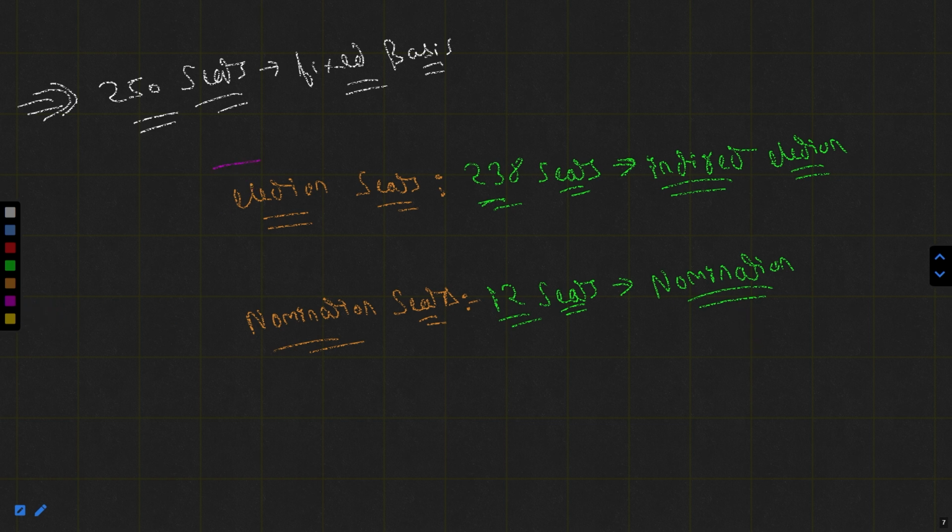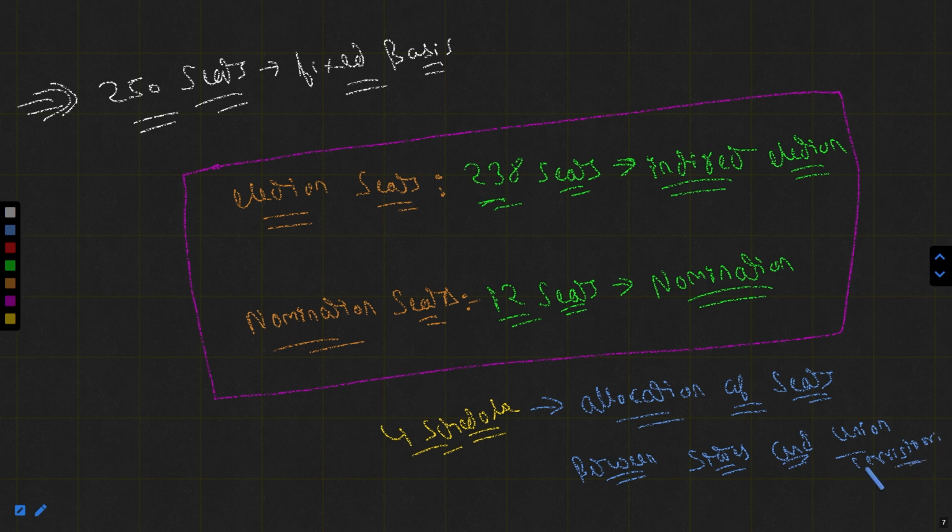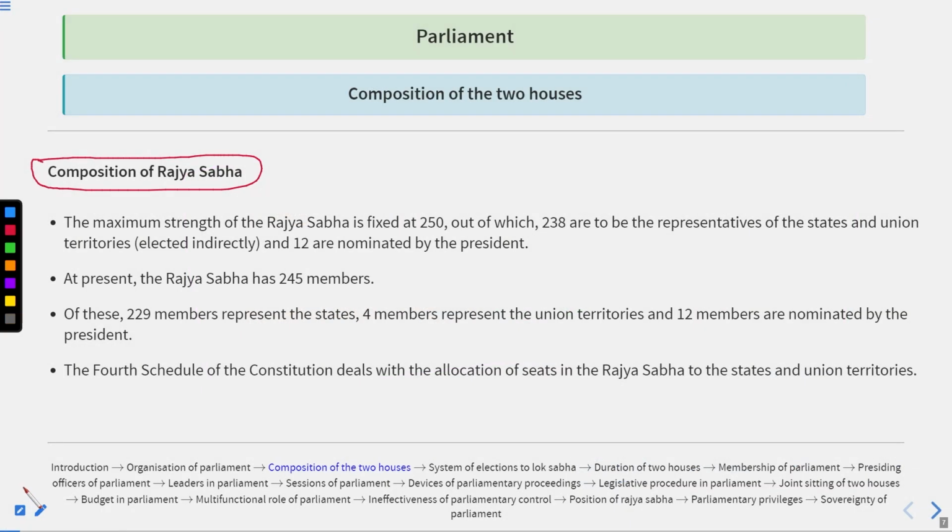Thereafter we discussed that the Fourth Schedule of the Constitution deals with the allocation of seats between the states and union territories. That is what we discussed in the previous lecture.